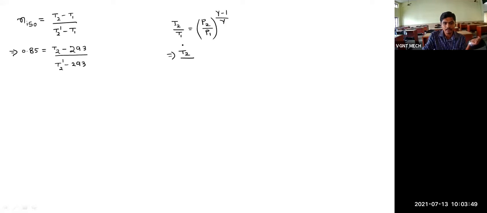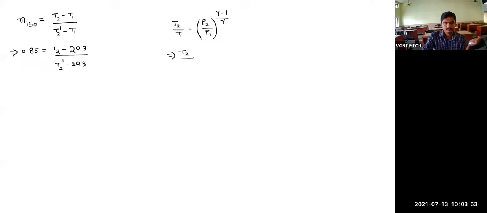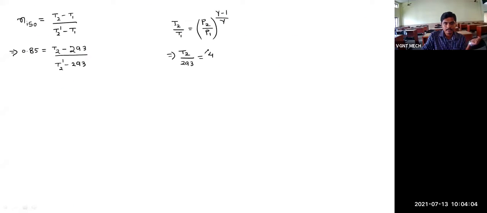So T2 by T1: T1 is 293, equal to P2 by P1, which is 4, so 4 to the power (gamma minus 1) by gamma. Gamma value 1.4 minus 1 divided by 1.4.